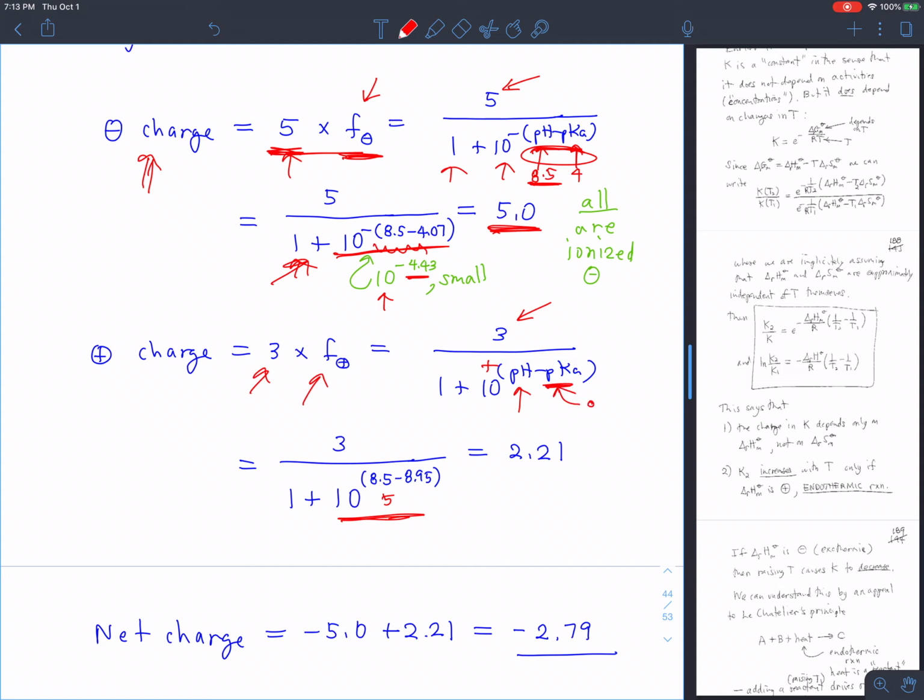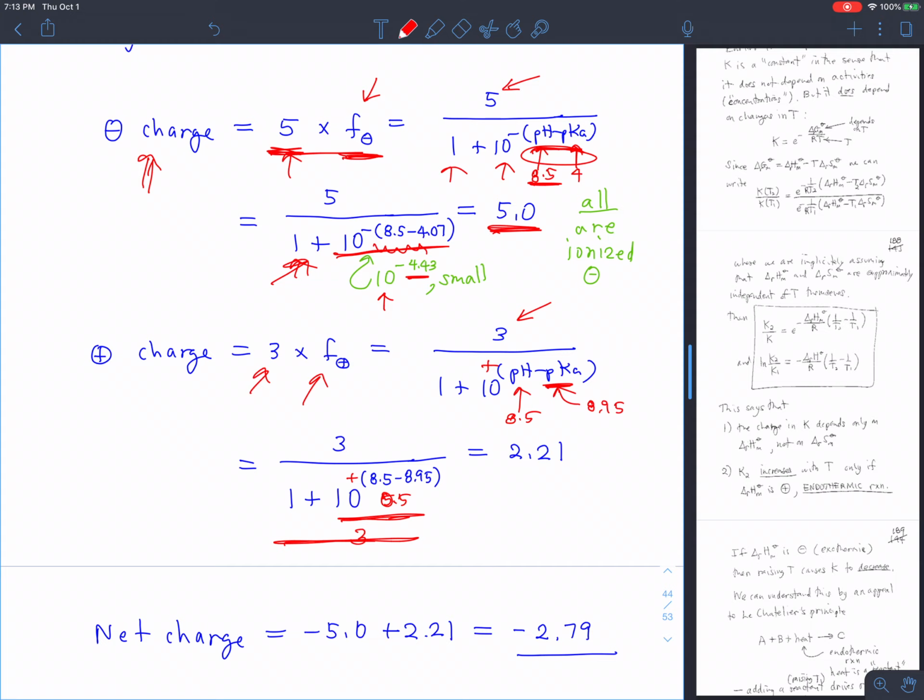That pKa is 8.95 and we're at pH 8.5. So we don't have nearly the big difference between the actual pH and the pKa. And also, there's a plus sign in here, so this 0.5, we have 10 to the 0.5, which is about a 3, which means that this denominator is significant now.